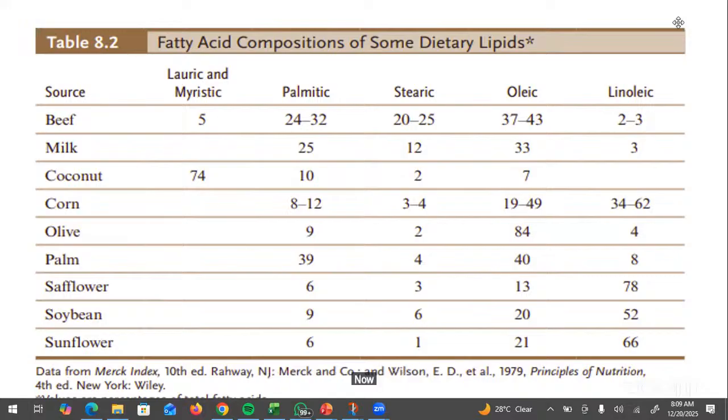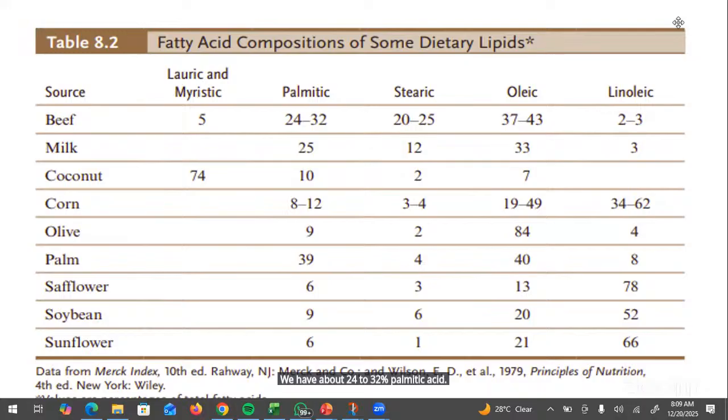Now, this is the fatty acid composition of dietary lipids. So we have the source, beef. You have more of lauric and myristic acid, about 5%. We have about 24 to 32% palmitic acid.